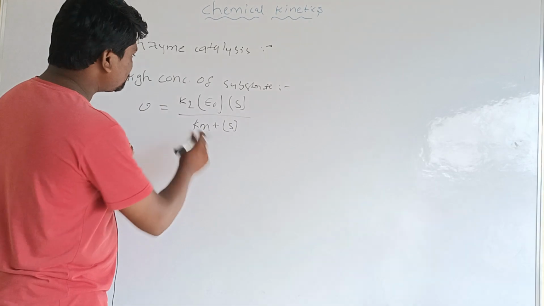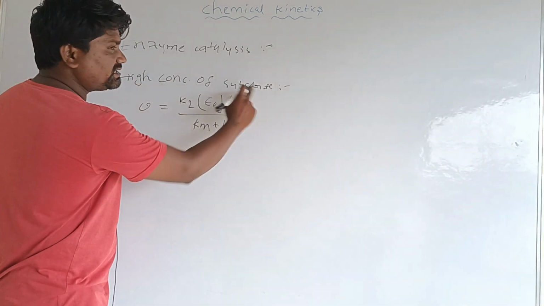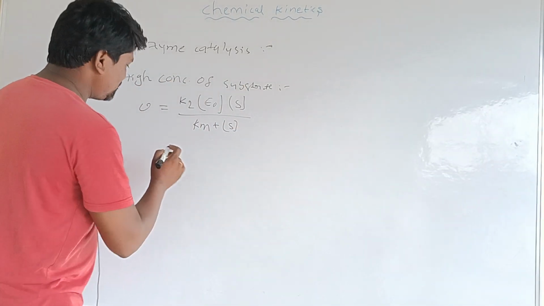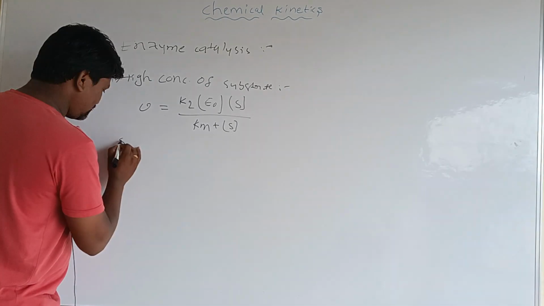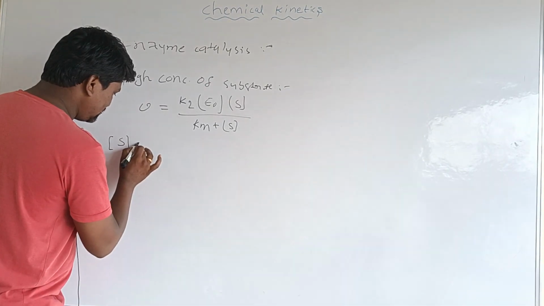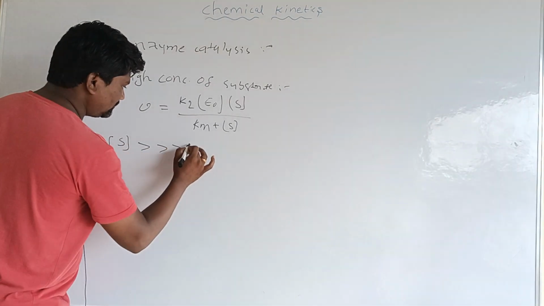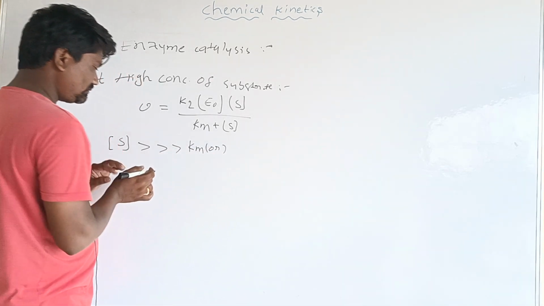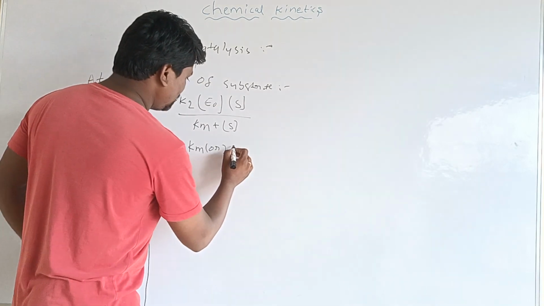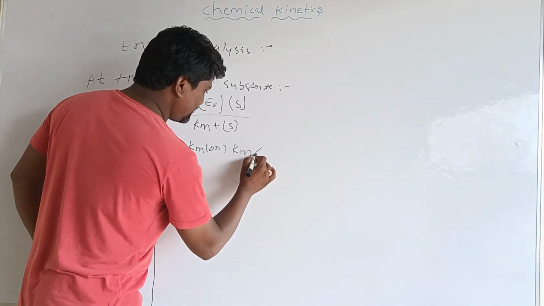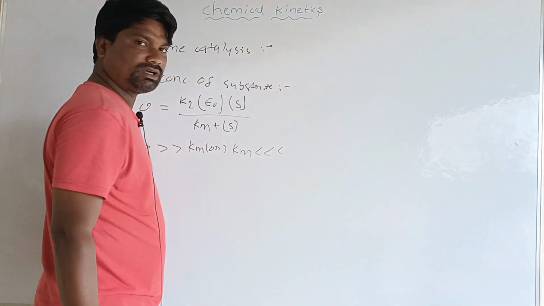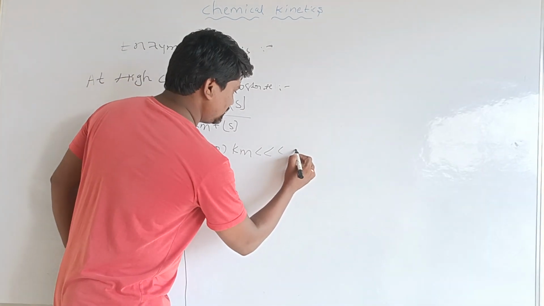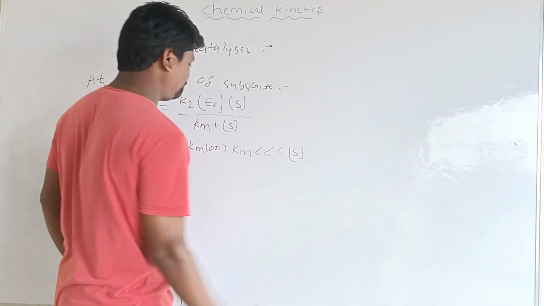Here, at high concentration of the substrate means substrate concentration is greater than Km, or in other words Km is less than the substrate concentration.